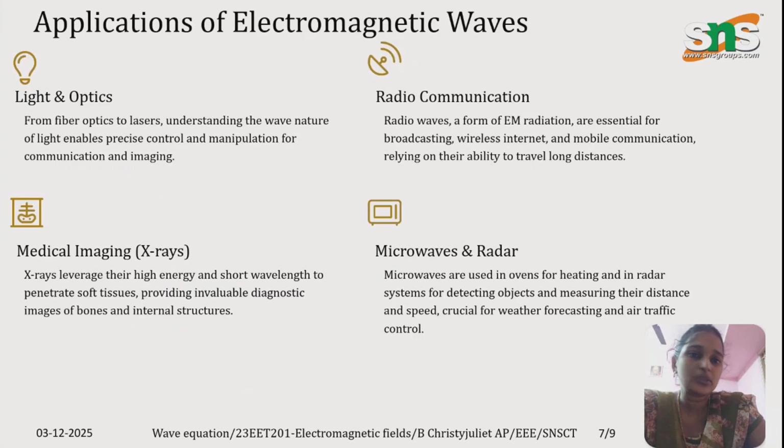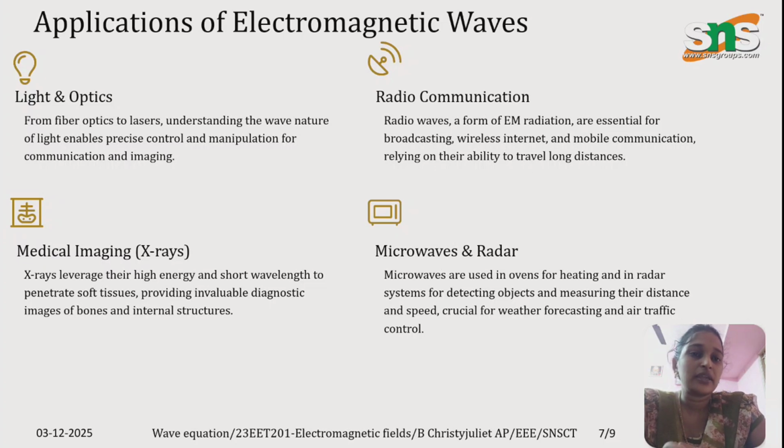Now let's look at the applications of electromagnetic waves. Whatever we see around us is an application of electromagnetic waves. Here we have listed a few for our deeper understanding.